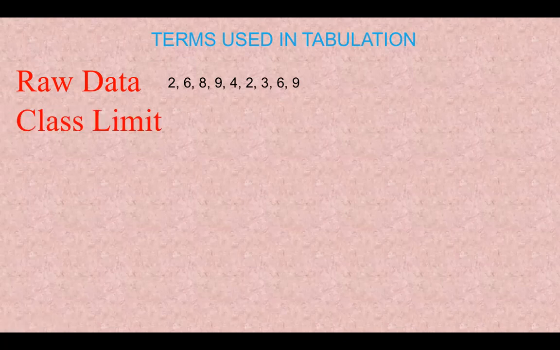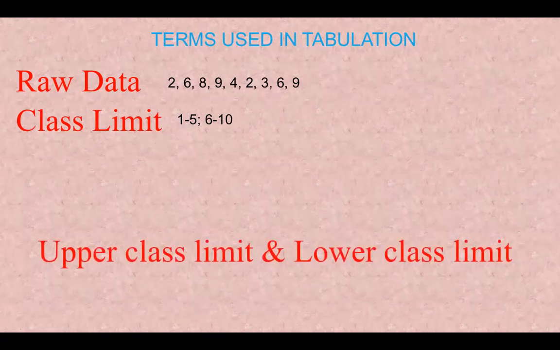Class limit. Class limit is the minimum and the maximum value of the class interval. From the above data, I have framed two class limits. The children who are from 1 to 5 years of age are in this class interval, and the children who are 6 to 10 years of age are in this class interval. The class limit is of two types: upper class limit and lower class limit.